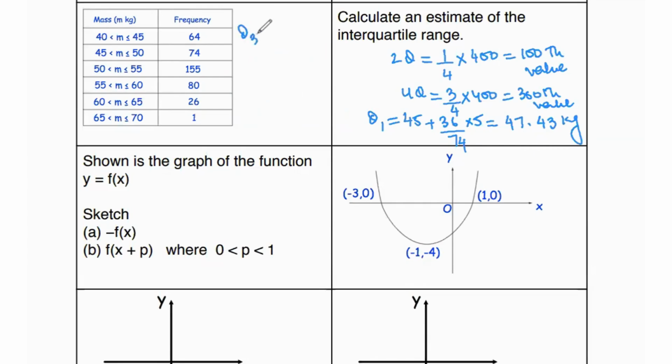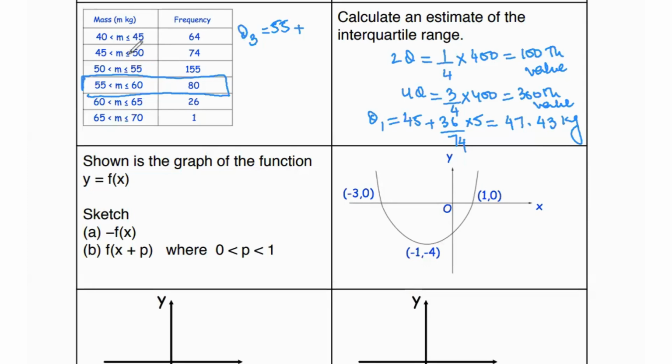Now we're going to do the same step for the upper quartile. For the upper quartile, it's the 300th value. So if we add them up, 64 plus 74 plus 155 and then plus 80, the 300th value is in this interval. So we're going to do 55 plus, because that's the starting value.